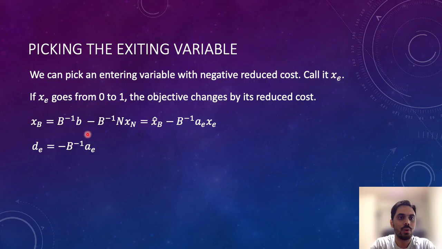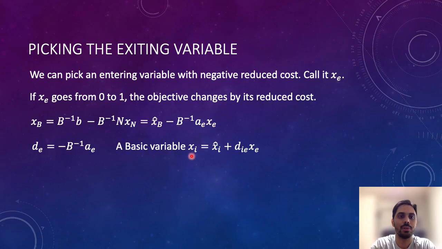And so we can rewrite this entire equation as B inverse b, that is x hat B, plus the coefficient of xe, which is de, times xe. So it will look something like this.